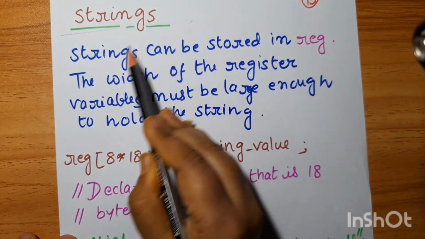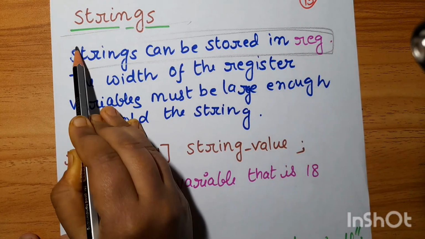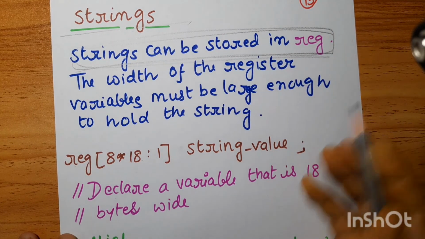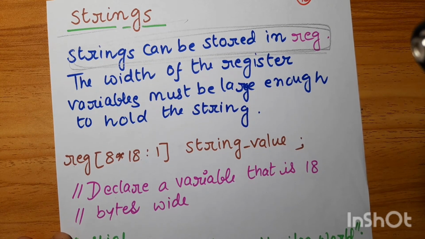String data types. Strings can be stored in reg. So where will the strings be stored? They are alphanumeric characters, okay? They get translated internally inside the computer, laptop, or digital components into bits. Each alphanumeric character represents 8 bits, and each bit can hold a 0 or 1 value. ASCII code.